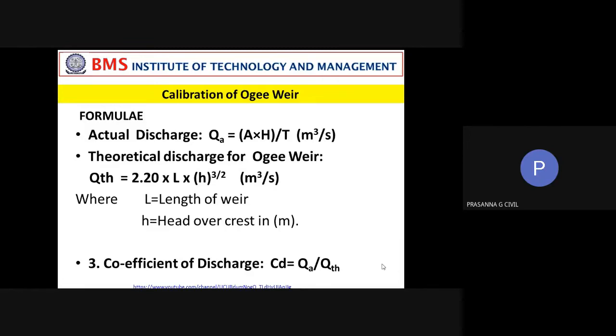The theoretical discharge is calculated using the expression 2.2 into L into H raised to 3 by 2, where L is the length of the Ogee and H is the head over the crest of the Ogee. And the coefficient of discharge CD is calculated as Q actual divided by Q theoretical.